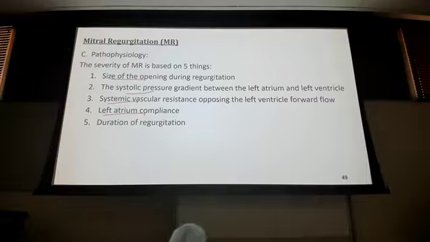But if that atrium is very compliant, now it takes on all that volume, then you're going to have lower pressures for an extended period of time, leading to more regurgitation going to the atria versus out through the aortic valve. And then the duration of regurgitation. So is it the full duration of systole, or is it only mid-systole, even a late systolic kind of regurgitation? That's going to impact how much volume could regurgitate there.